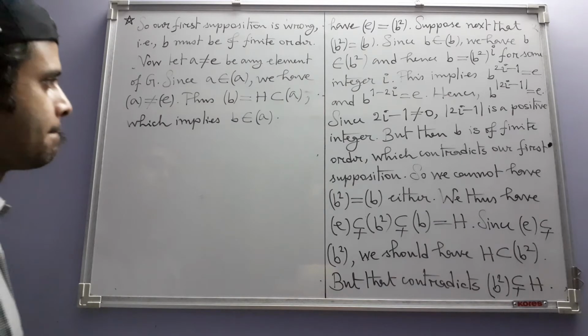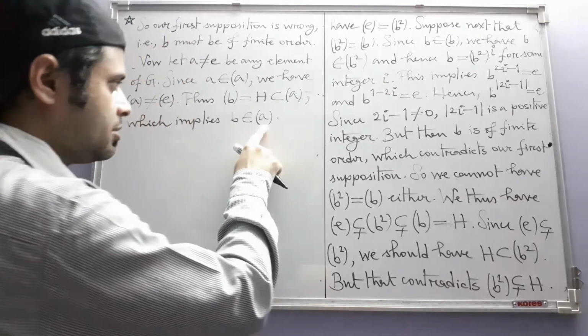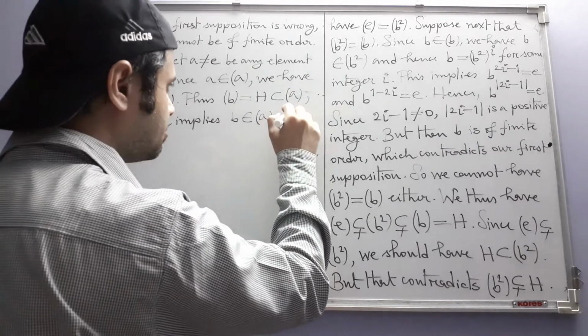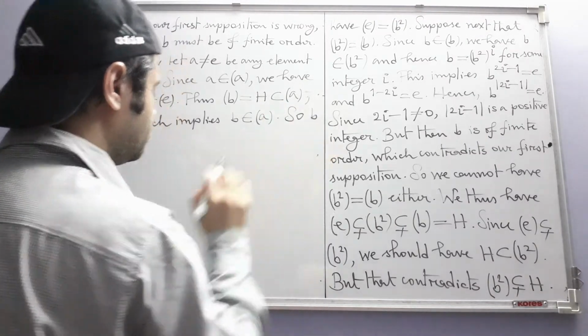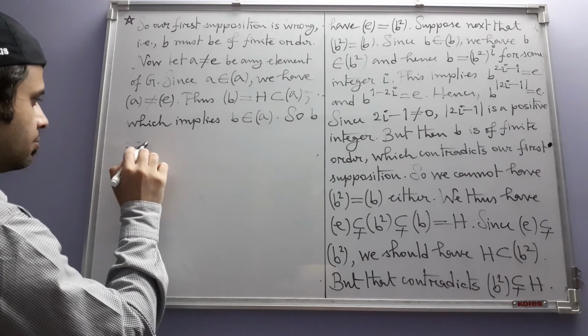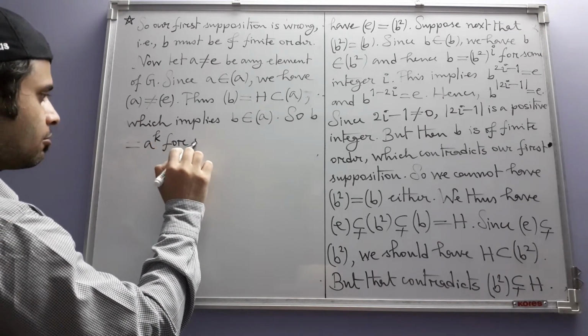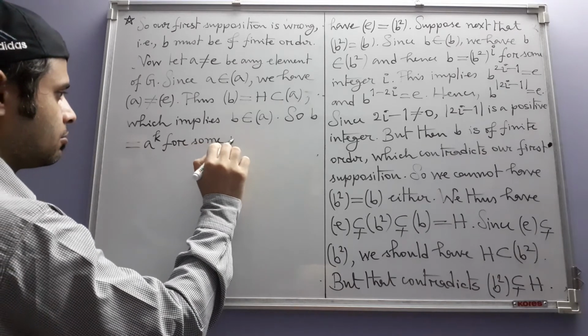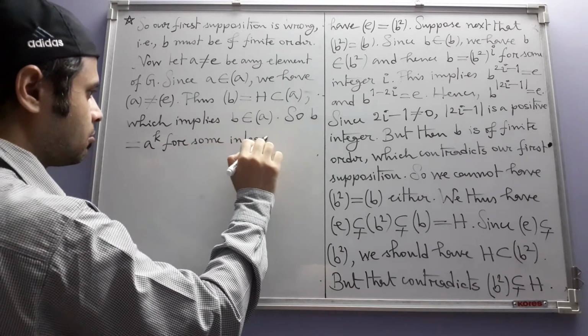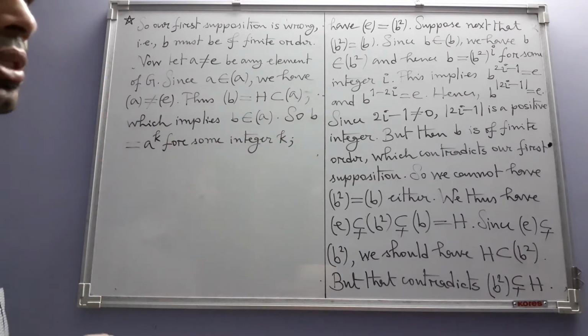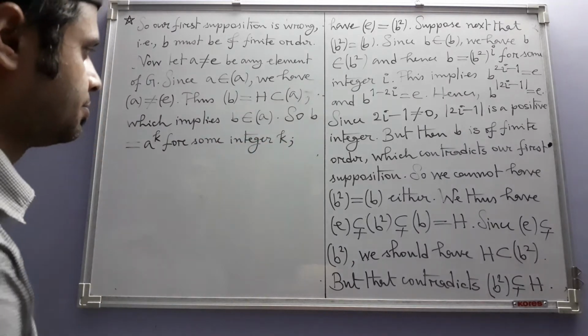Okay. Now B belonging to this means B should be an integral multiple of A. So B is equal to A to the power K for some integer K.